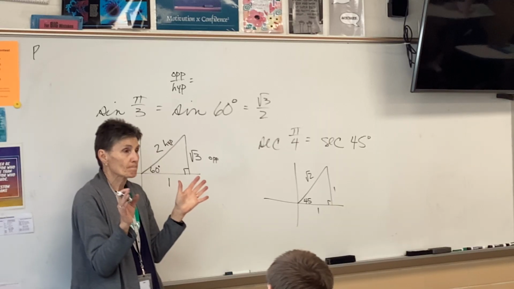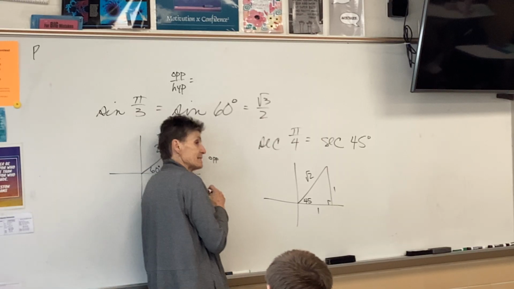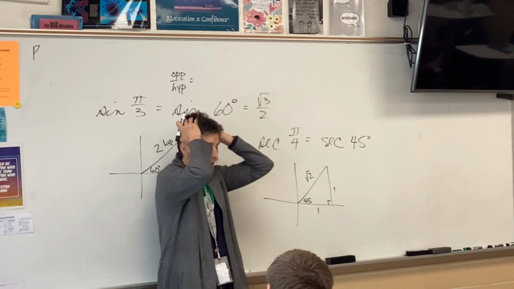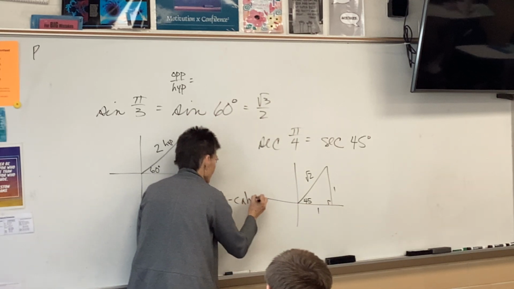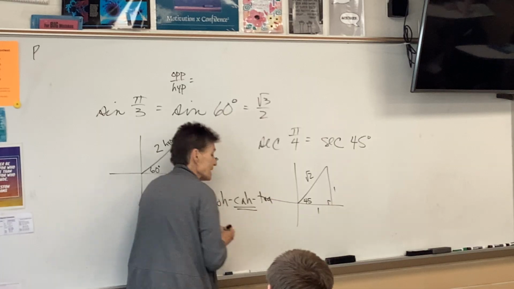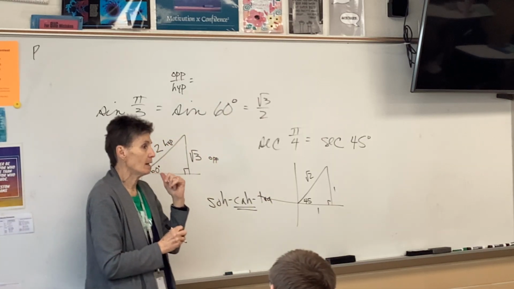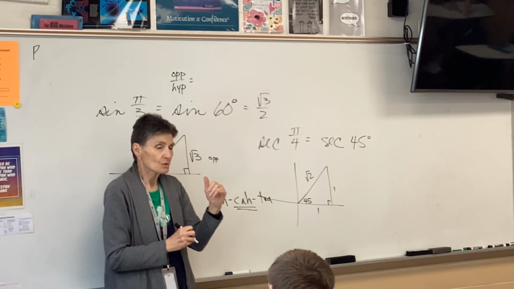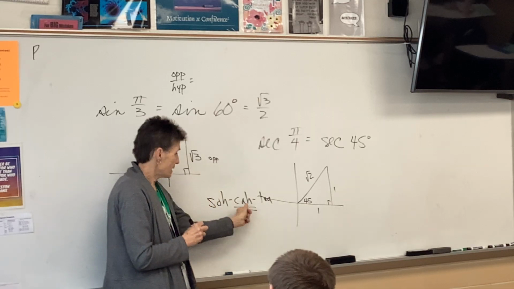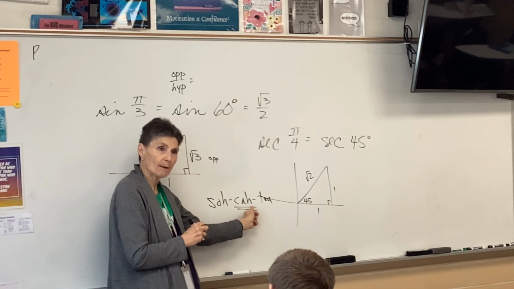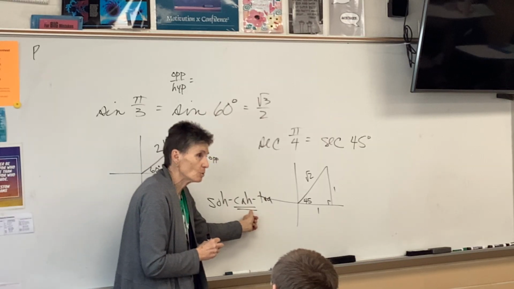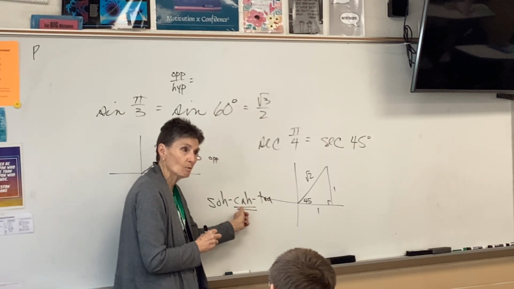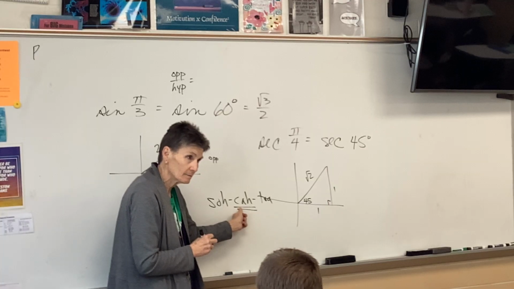Okay? Now, we want the secant. Here's where you gotta think. Secant, I'm remembering SOHCAHTOA. And secant is reciprocal of cosine. So if cosine is adjacent over hypotenuse, then secant will be hypotenuse over adjacent.